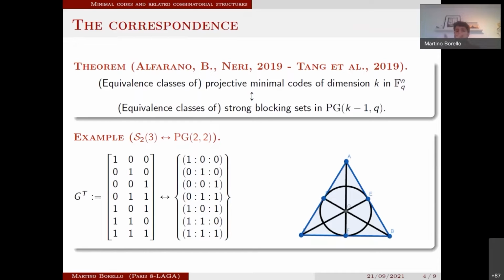It states that equivalence classes of projective minimal codes of dimension k in Q to the n are in one-to-one correspondence with equivalence classes of strong blocking sets in PG(k-1,q).